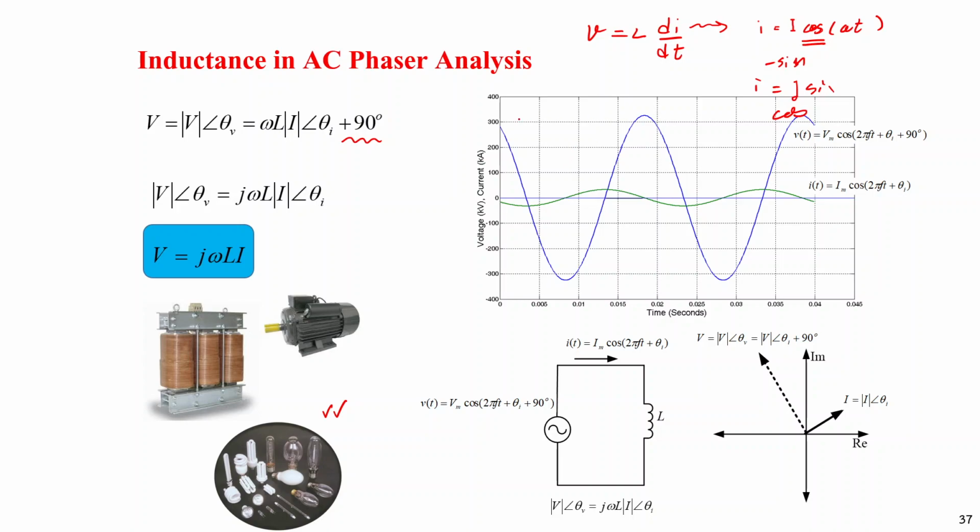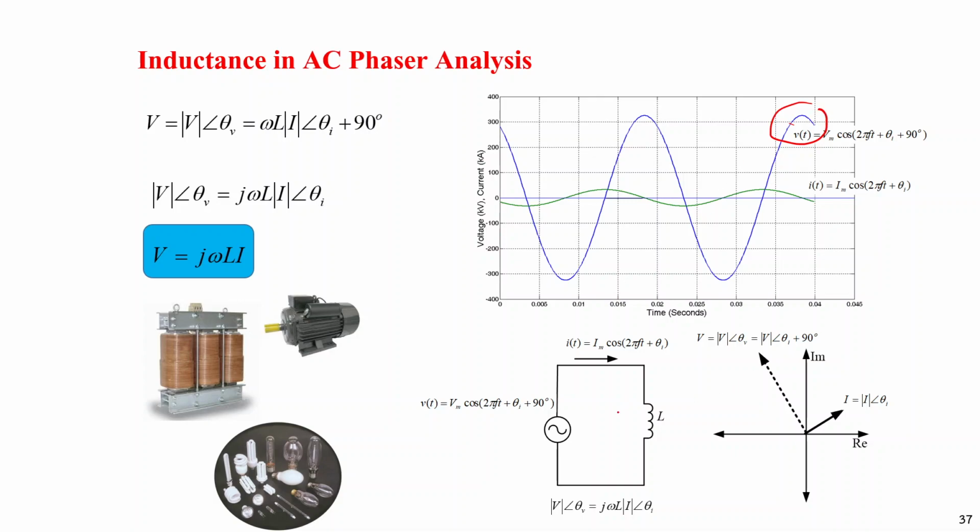In this case, when we write down the phasor form, the inductive load will provide a 90 degree phase shift between voltage and current, and it will make the current lag the voltage by 90 degree. Okay, right? In this case, this is the voltage waveform.